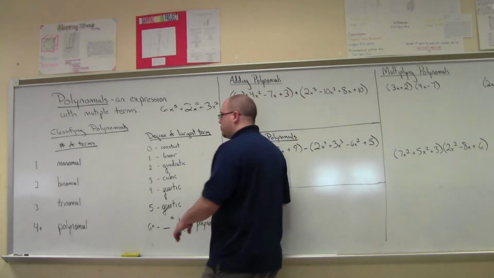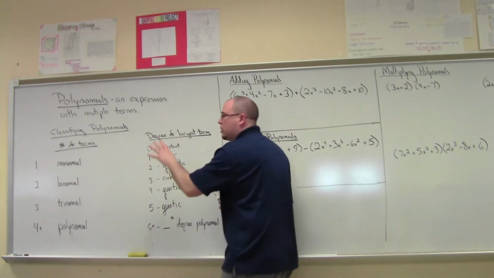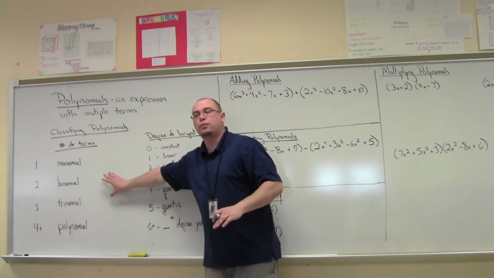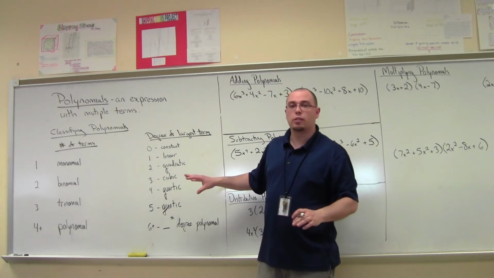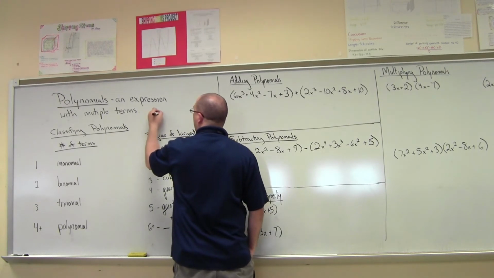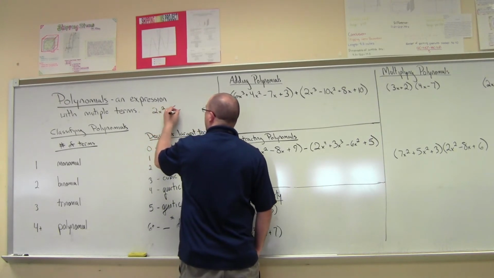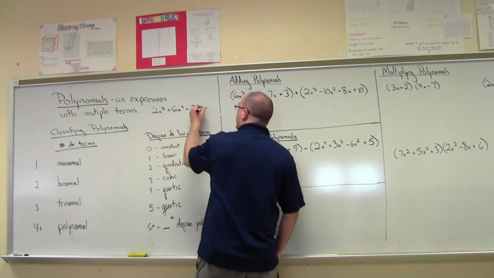Now every polynomial we have is going to get two names. One based on the number of terms, the other based on the degree of the largest term. So if I were to write out something like this, 2x squared plus 6x to the 4th minus 3x plus 5.